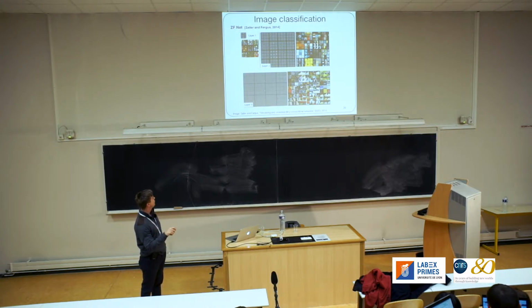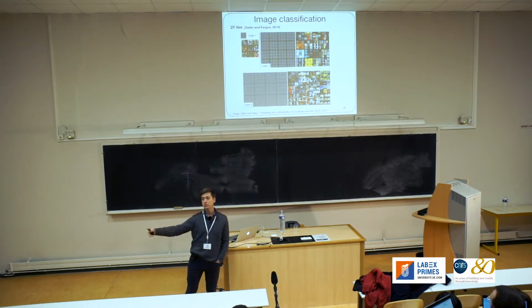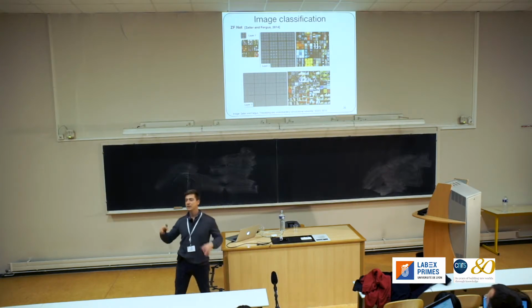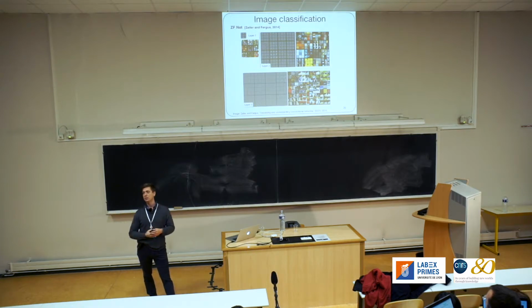This network was trained with ImageNet, and you could see that as you go deeper in the network, what the network learns is more and more complex object detectors, starting with edges, all the way to faces, and, for example, if it's a car, you could actually recognize some parts of a car.